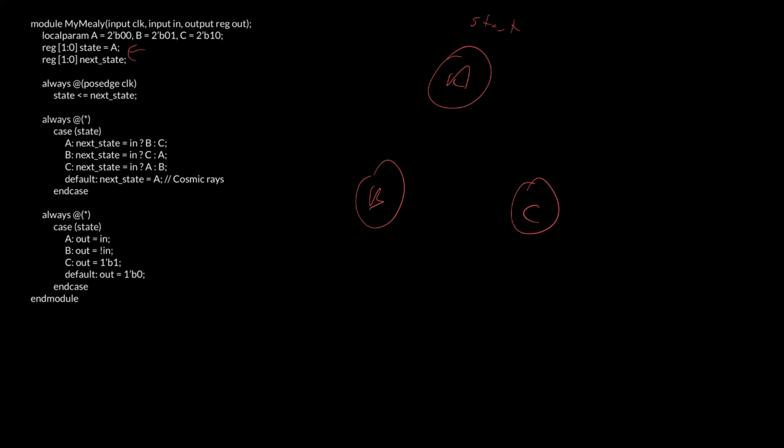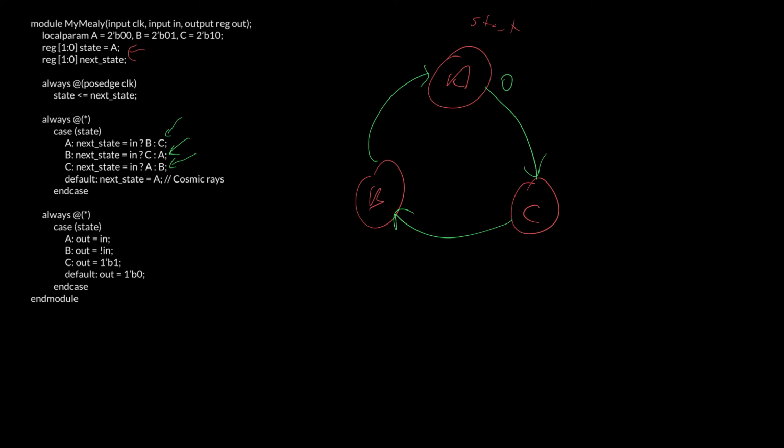So what happens if I'm currently in state A and my input's a 0? Well, I move to state C. If I'm in state A, the input's a 0, I go to C. If I'm in state B and the input is 0, I go to state A. If I'm in state C and the input is 0, I go to state B. Do the same for the 1 transitions.